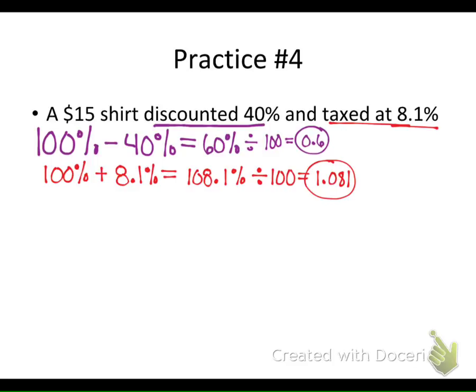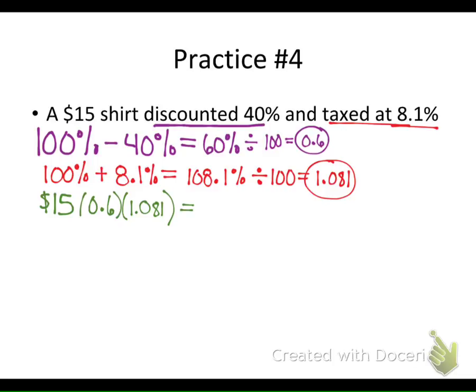So now I'm ready to move on to step 4. Step 4 again says take the original amount. So what's the original cost of the shirt? $15. And I'm going to multiply it by my multipliers. Well, how many multipliers do I have? 2. So I'm going to multiply 15 times 0.6 times 1.081. And now if you notice, I'm using parentheses to show my multiplication. Don't use X's to show multiplication.